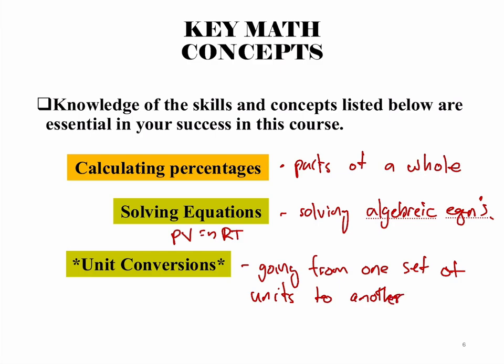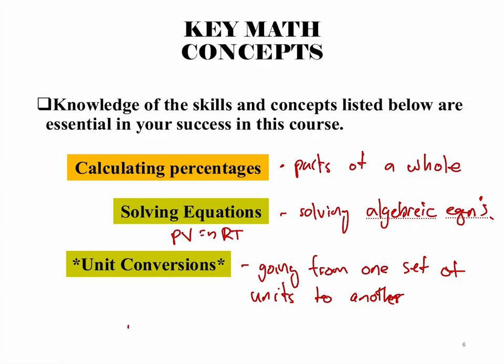Does anyone know what I mean when I say a unit here? Or give me an example. Yeah, exactly right. Like kilograms, so that'd be a unit of mass, right? Or meters for a unit of length, right? So units, going from one to another, right? Can we convert between them?